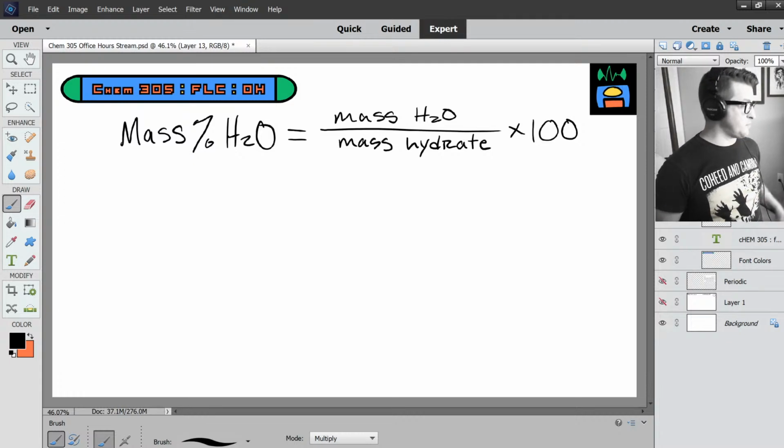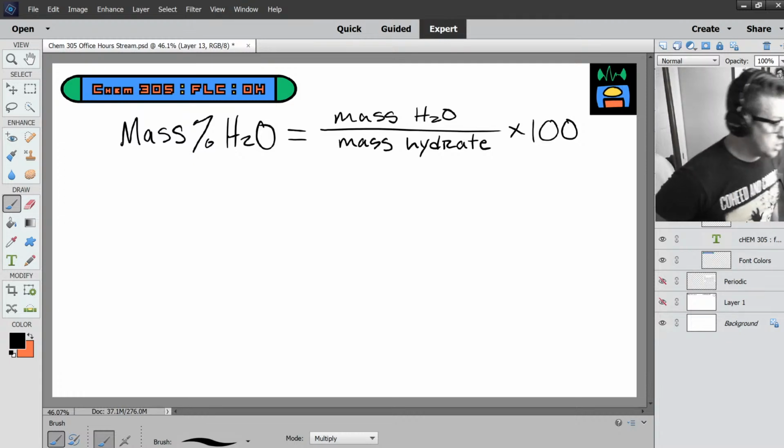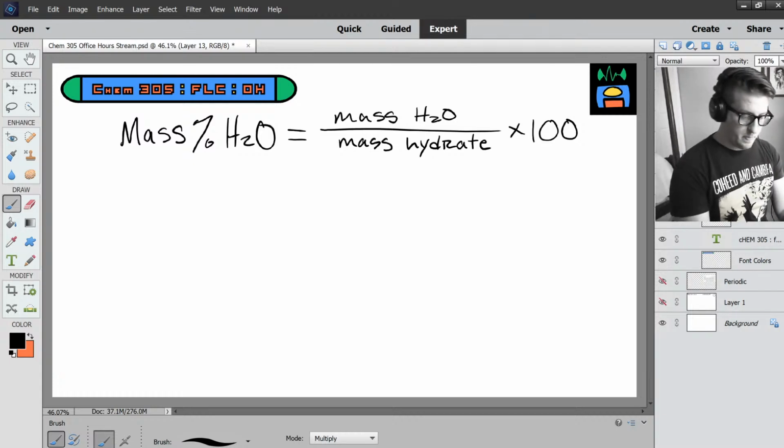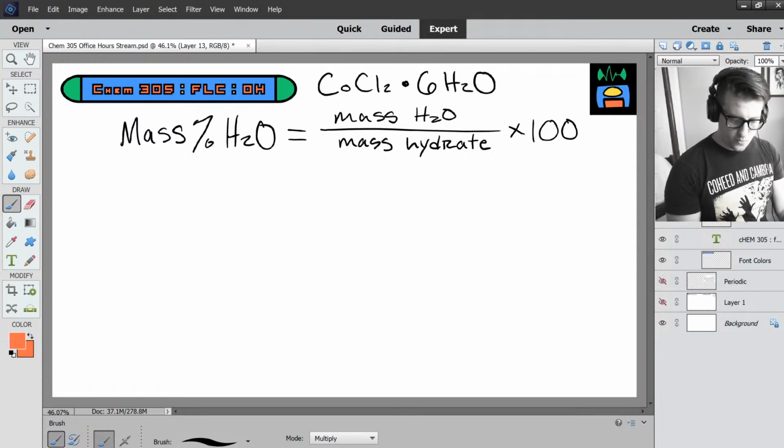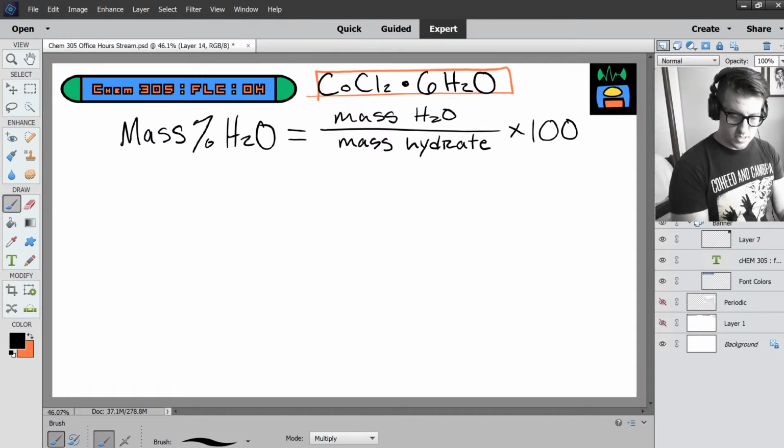That'll give you your mass percent. So let's do this example for just the first one, for cobalt chloride hexahydrate. We're going to start by looking at our mass of water.